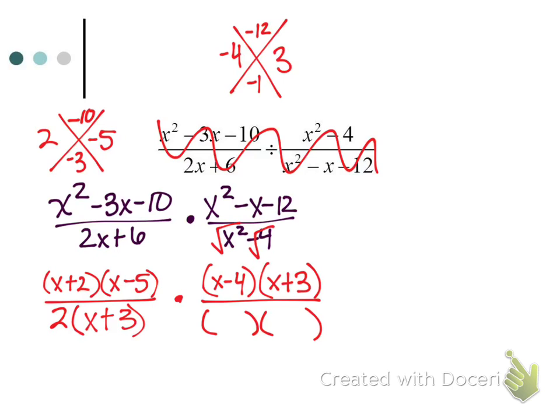Tariana? X plus 4, x minus... Close. What's the square root of 4? 2. So x plus 2, x minus 2. Good. All right. Now that we're done with all of the factoring, we can start cross-canceling.